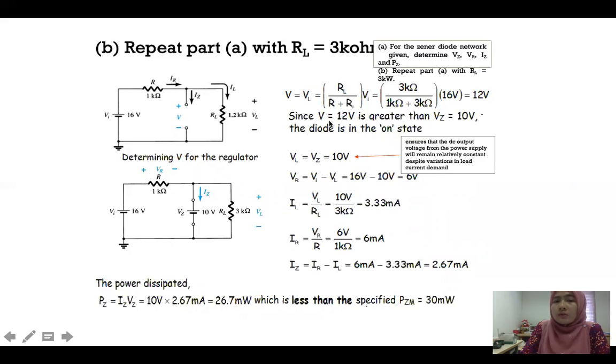Since the voltage of 12 volt is greater than VZ, the diode is in the on state, meaning the diode is operating in the breakdown region. And the others are the same. You can calculate IL, IR, IZ, and also the power. If you have a question like this, this is how you answer.